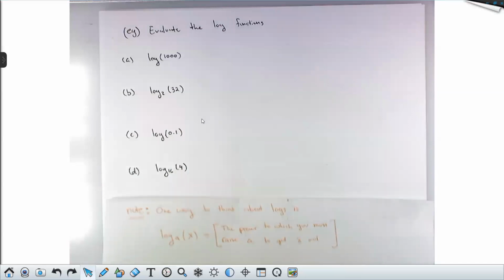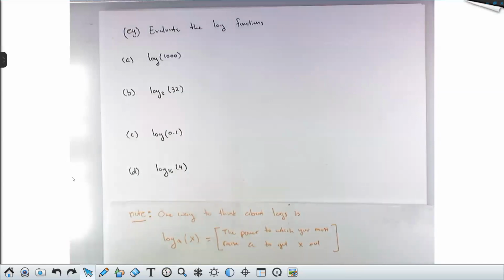So the base a log of some number x is the power to which you must raise a to get x out.